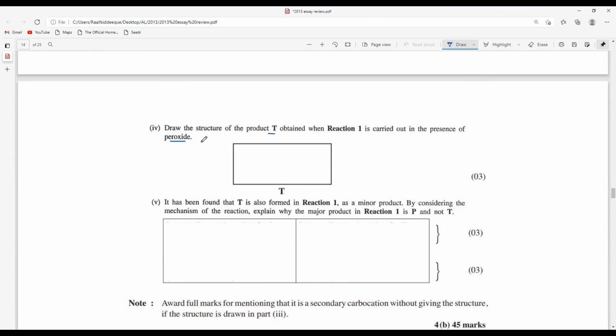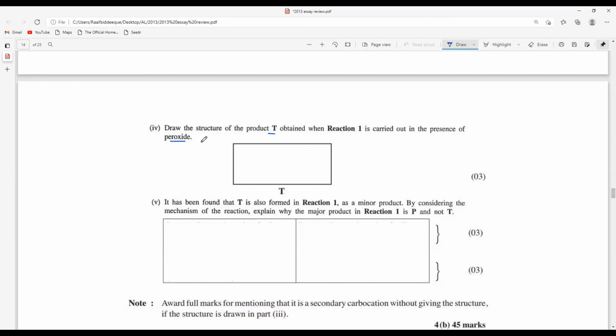So if you think this product is formed, this is the carbocation that it should form. So basically you can write down these 2 carbocations in the box. And you can see this is a secondary carbocation and more stable than this one, the primary carbocation, which is less stable.